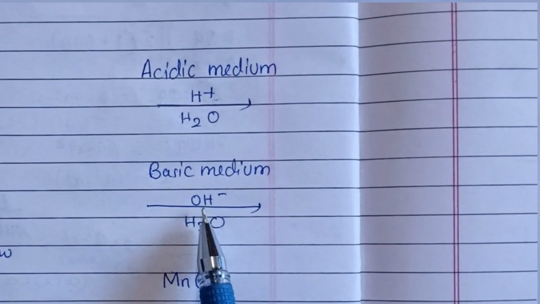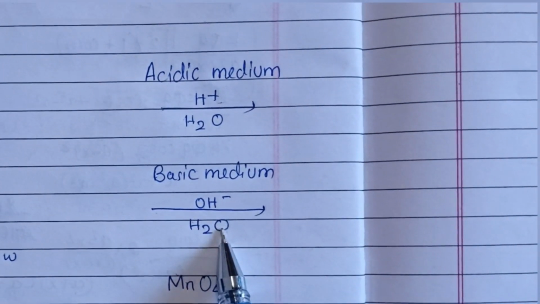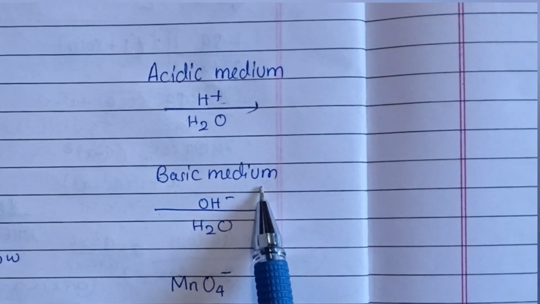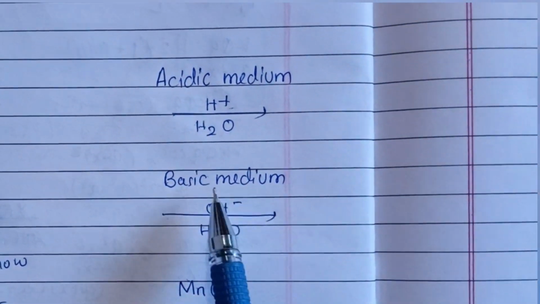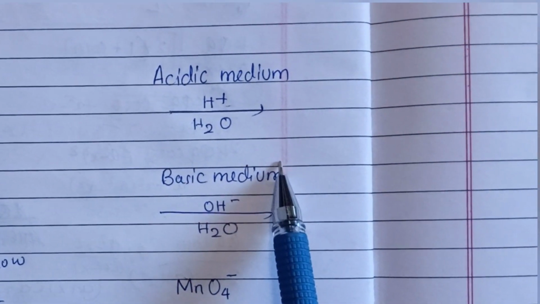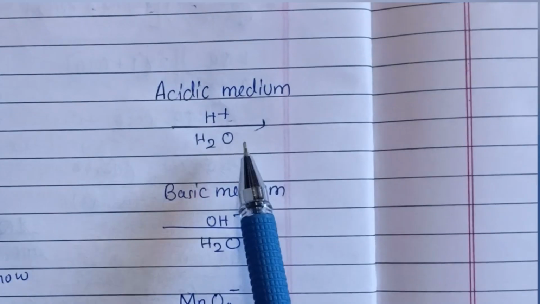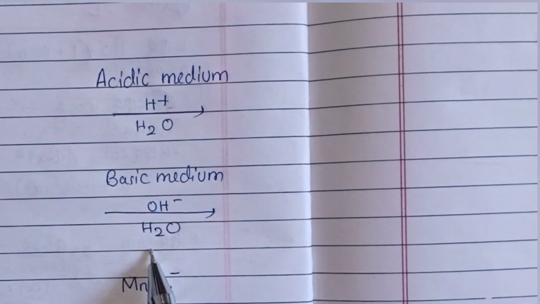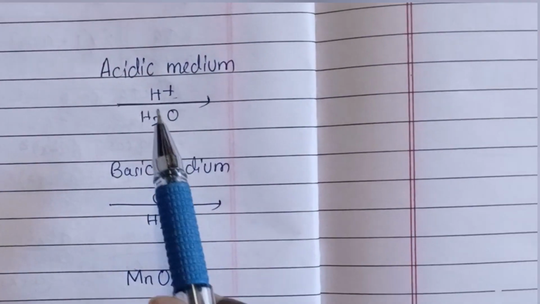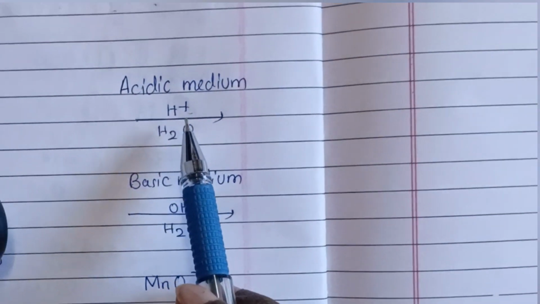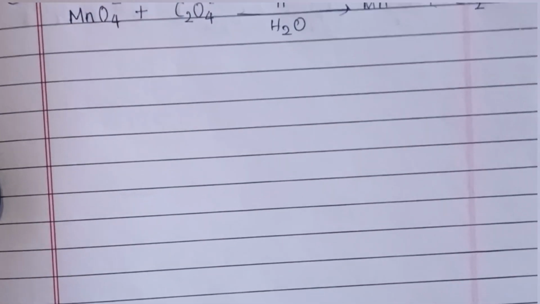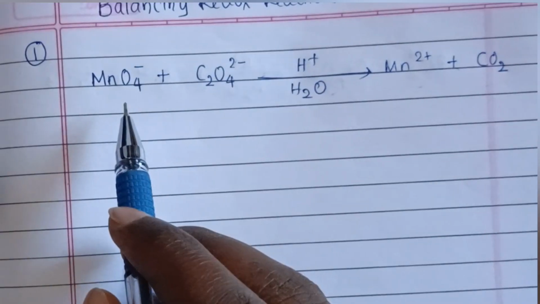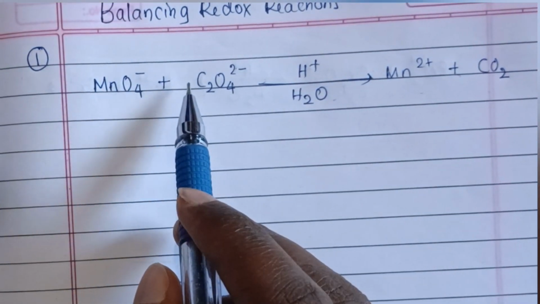But when you have OH minus and H2O, this will be a basic medium. There is no confusion between these two, and you will be able to distinguish between them easily. So whenever you have this type of reagents, you will understand in which specific medium the reaction is going on. After that, you have to look for the individual oxidation numbers.